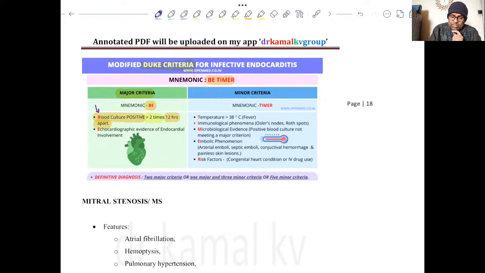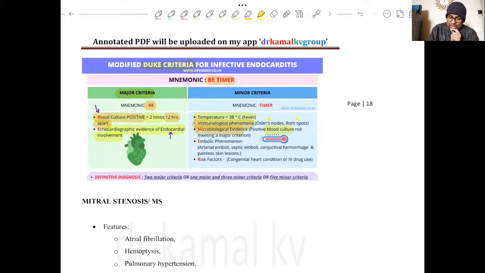And then if we do echocardiography, there should be evidence of endocardial involvement, then only we will say it as endocarditis, right? And in minor criterias we have fever, temperature more than 38 degrees Celsius, then immunological phenomena which is indicative of infective endocarditis, and we have already discussed about Osler's nodes, Roth spot. Then microbiological evidence, like there should be a positive blood culture which is not fulfilling the major criteria.